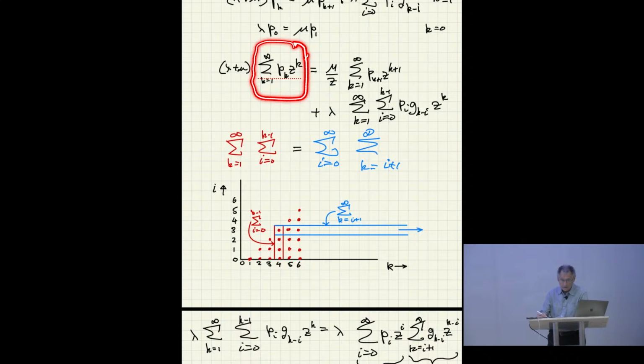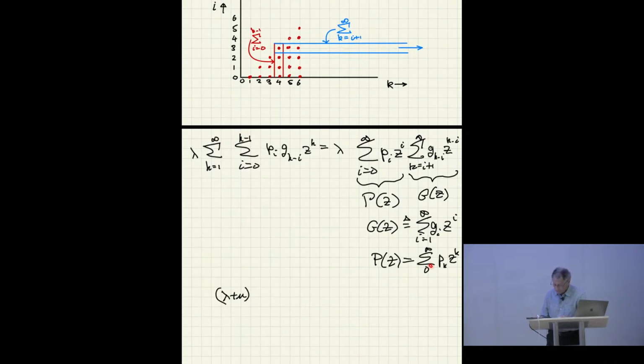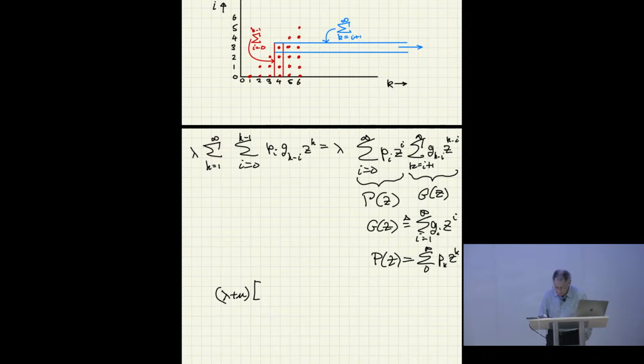It's P of z missing the 0th term. Remember, there's a 0 down here. So I'm going to put it in and take it away, as usual. So that's P of z minus P0 z to the 0, which is 1, so just P0. That's little p0, I'm sorry.